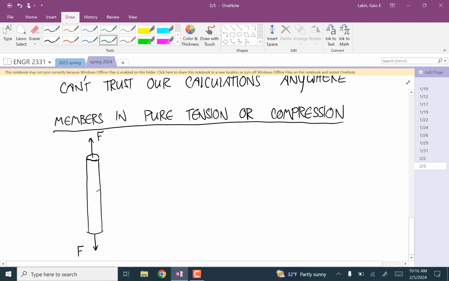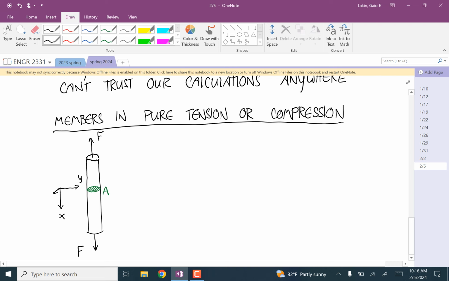And if this is the cross-sectional area, so this has an area A, and I'll draw a coordinate system just to be clear about what stress we're calculating.